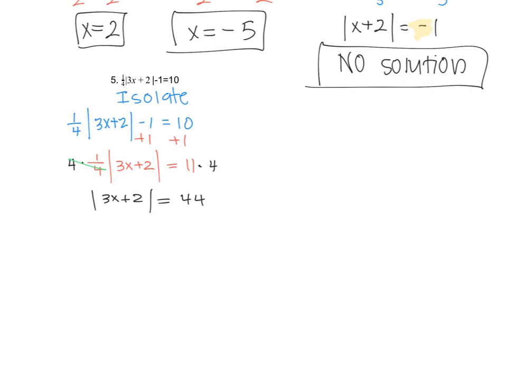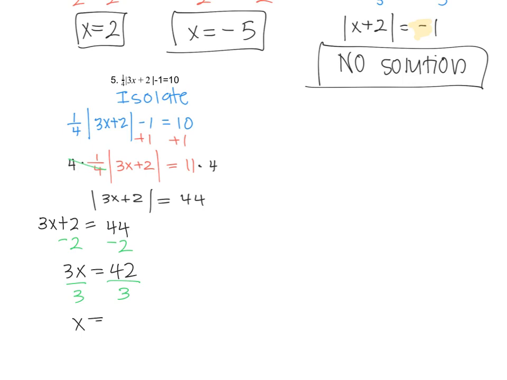So my first equation is going to be 3x plus 2 equals 44. The first thing I want to do in solving for x is subtract 2 from both sides. So we get 3x equals 42. Then we're going to divide both sides by 3.